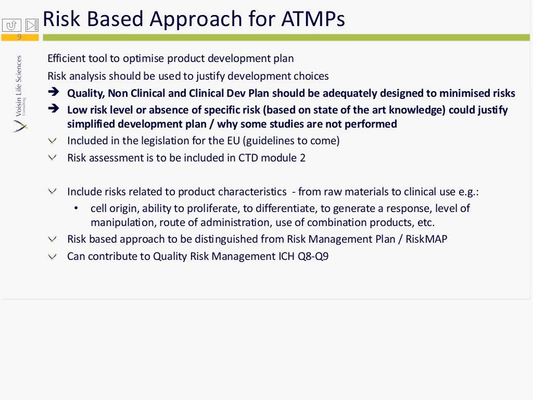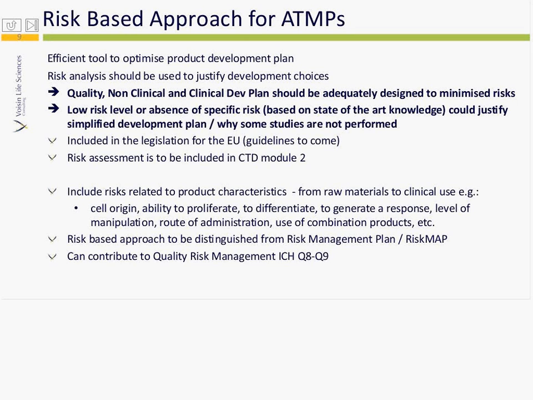One of the new approaches that the agency, the EMA particularly, are encouraging at the moment, and it's written into the regulation that governs these products, is to use a risk-based approach. And certainly that can be used as an efficient tool to optimize your product development. Insofar as if you as a sponsor understand the risks that are associated with manufacture and clinical implications of your product, then you could go back and narrow down, reduce the amount of work that you need to do to provide useful data for your development plan.